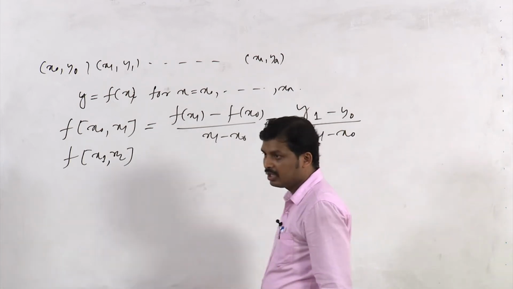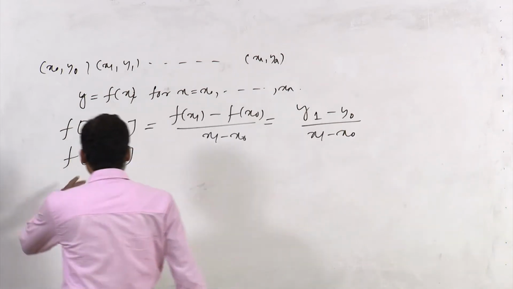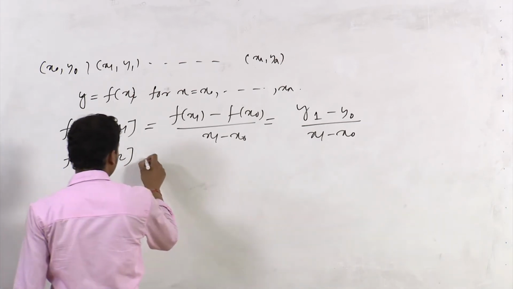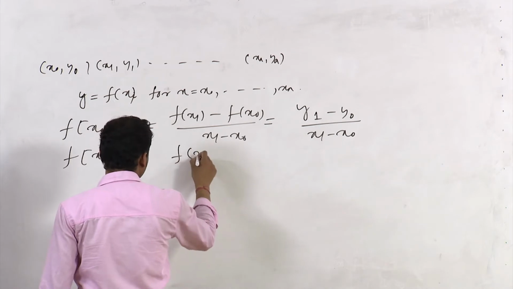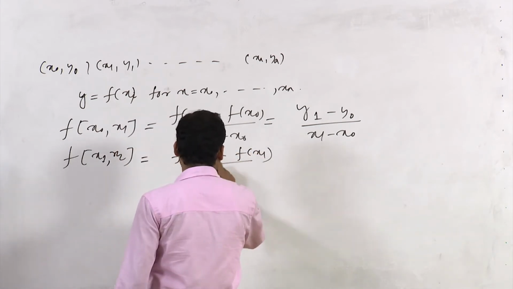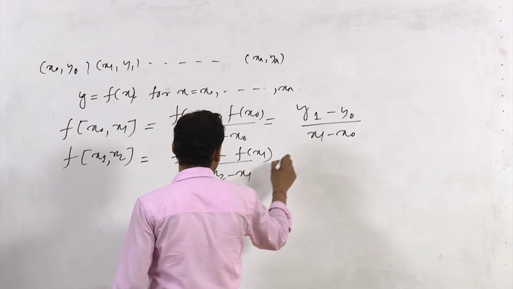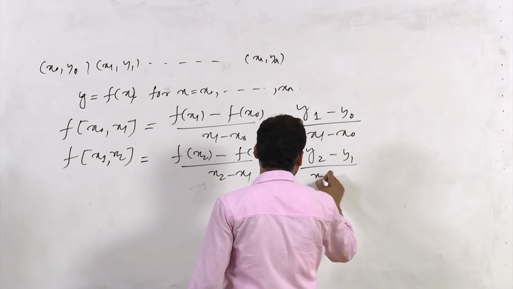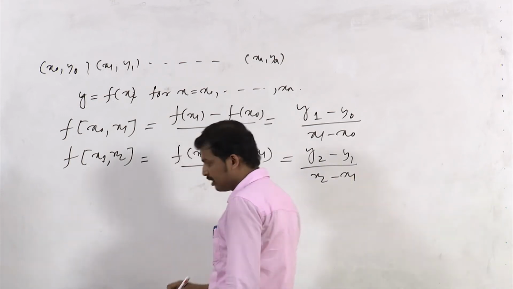And for the second two points, x1 and x2, in divided difference form, we can write f of x2 minus f of x1 divided by x2 minus x1, which can be written as y2 minus y1 divided by x2 minus x1.